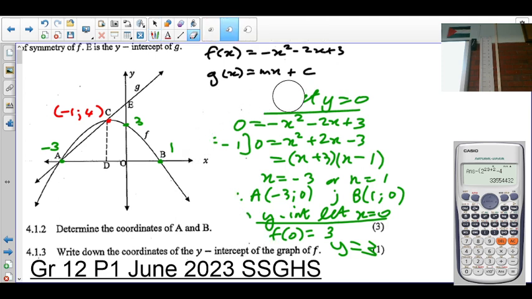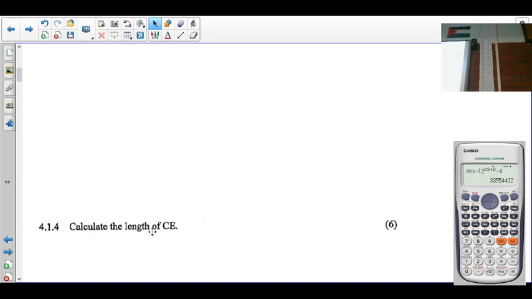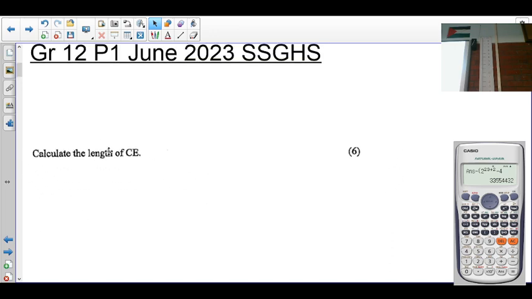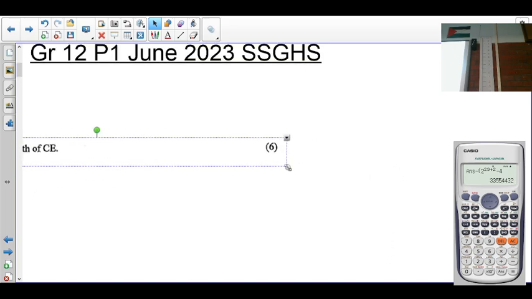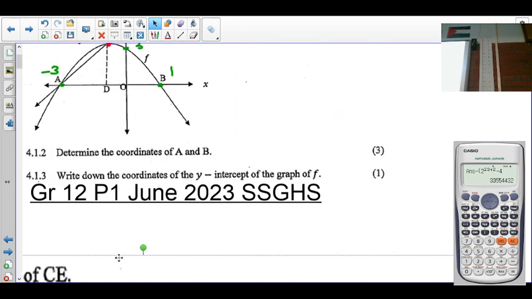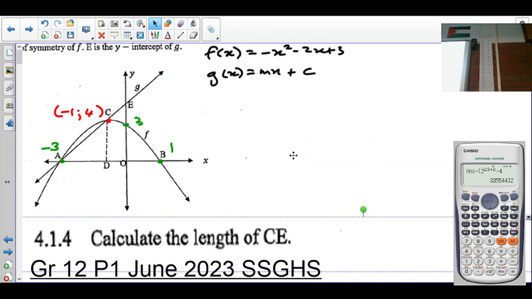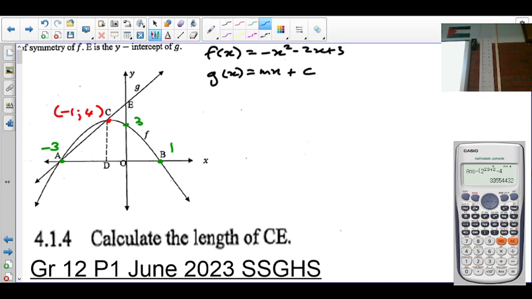Again, I'm going to remove this here. Then it says, what is the length of CE? The length of CE. So to calculate the length, I'm going to use, of course, the distance formula.